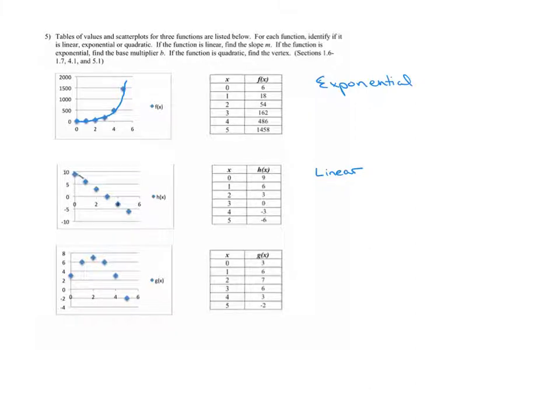It is going down at a constant rate. And the last one is easy to identify because it has that up and down shape. This is quadratic. Notice that it has a maximum point on our graph.